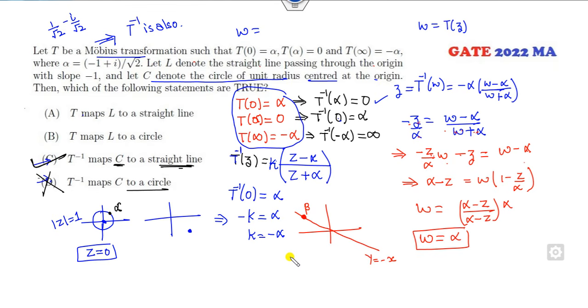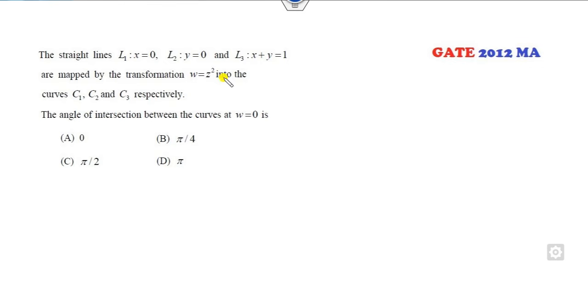If I substitute this value here and beta is satisfied, then this transformation becomes alpha only, so it can never be a circle. Is it a circle? No, it is not a circle, because it's a constant value. So this value is my answer here. You can check your calculation whether it is correct or not. If it is correct, then I assume A and C are the correct answers.